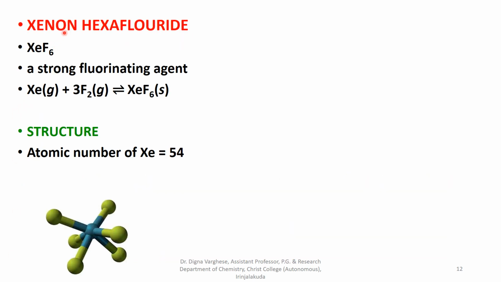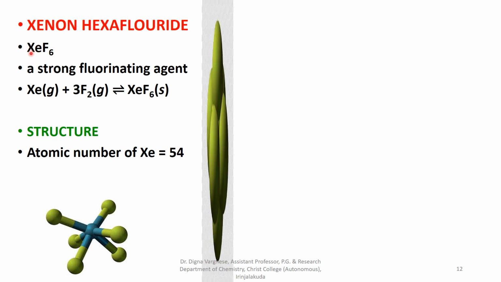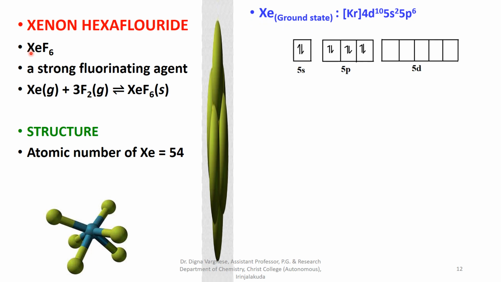For xenon hexafluoride, the molecular formula is XeF6, and the compound is synthesized by the direct combination of xenon and fluorine in excess. We know in xenon hexafluoride the central element is xenon, the atomic number is 54, and the ground state configuration is 5s2 5p6 5d0.